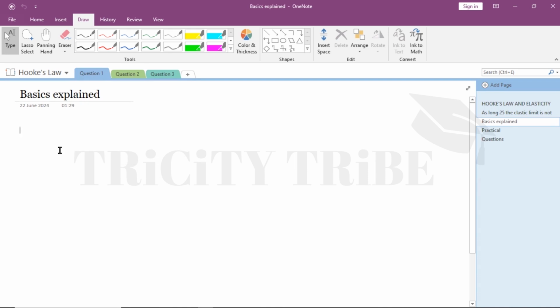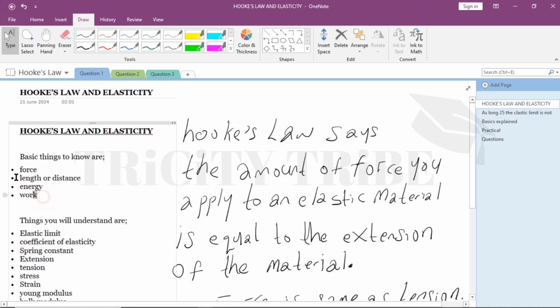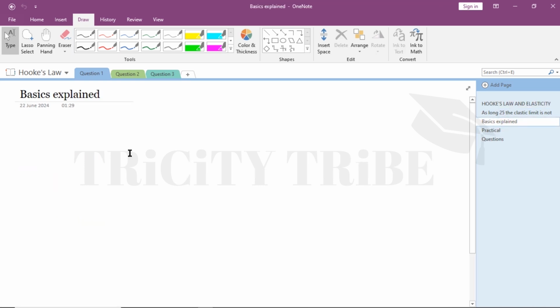So the first thing you have to know when you're dealing with Hooke's law is force. That's the basic thing you need to know. Now, what is force?